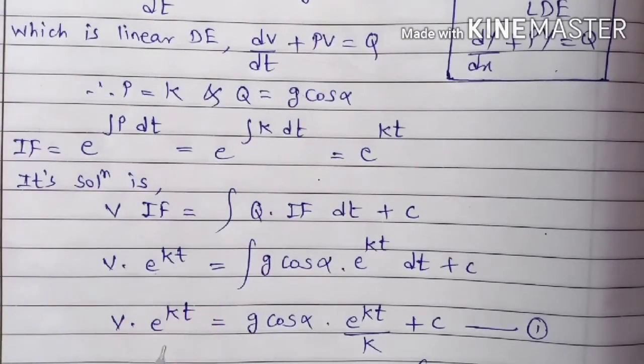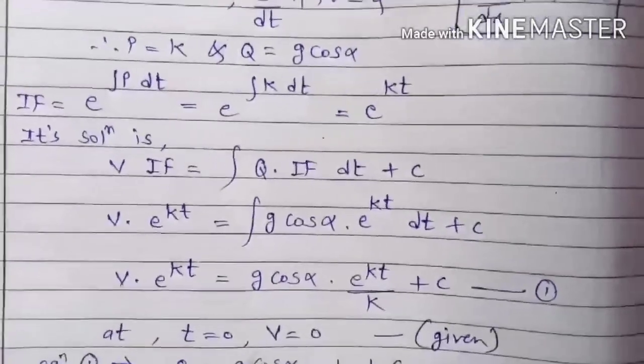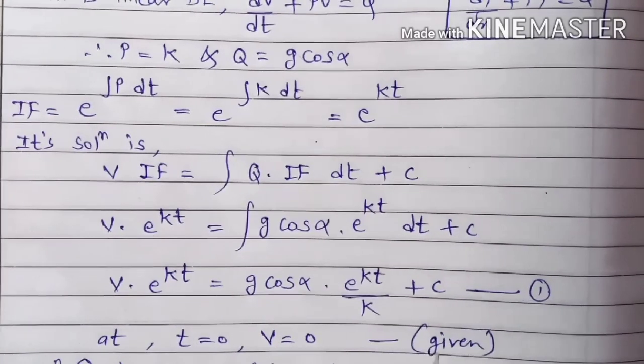Left side is v e raised to kt as it is. To solve this integration, g cos alpha is constant, so we put it as it is. Integration of e raised to kt is e raised to kt upon k, plus c. Now to calculate c, we use the initial condition at t equal to 0, v equal to 0. This is given in the question.